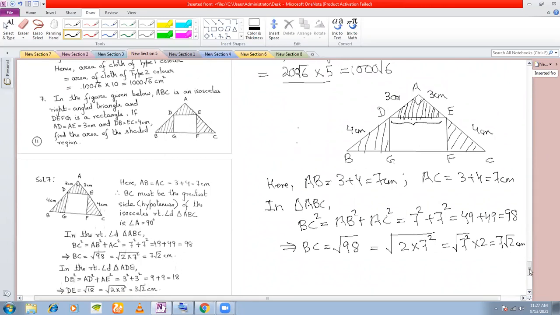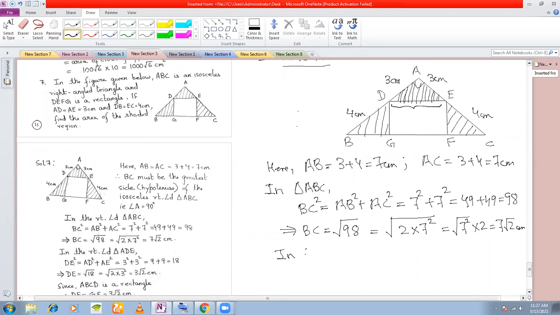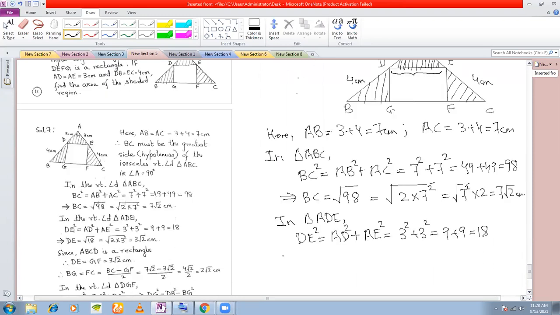So in triangle ADE, DE square is equal to AD square plus AE square, which is 3 square plus 3 square, 9 plus 9, which is equal to 18. That means DE is the square root of 18. This can be prime factorized as 3 square into 2, which is 3 root 2.